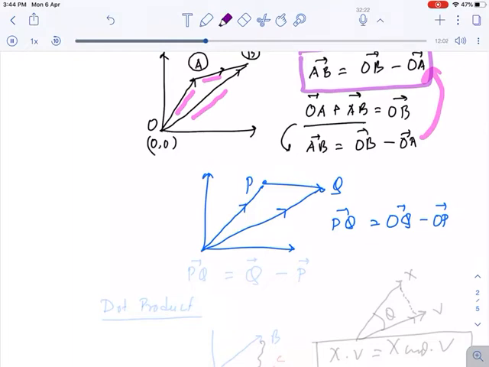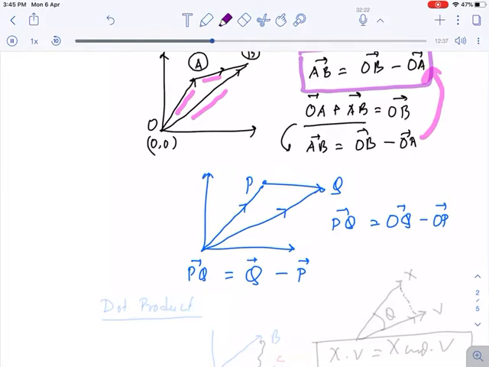Okay. Now I am considering the point as position vector Q and the vector as P. So I can also write Q minus P is PQ, considering the coordinate of Q and coordinate of P. So now this is vector representation.